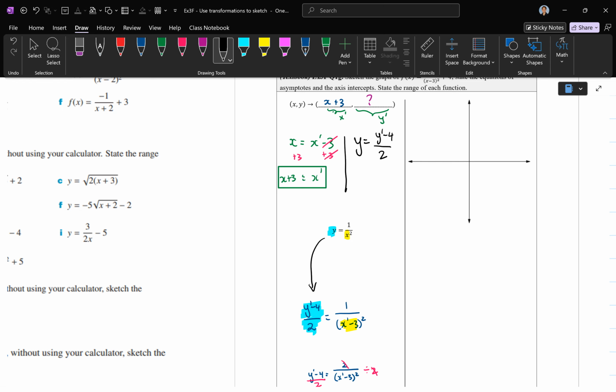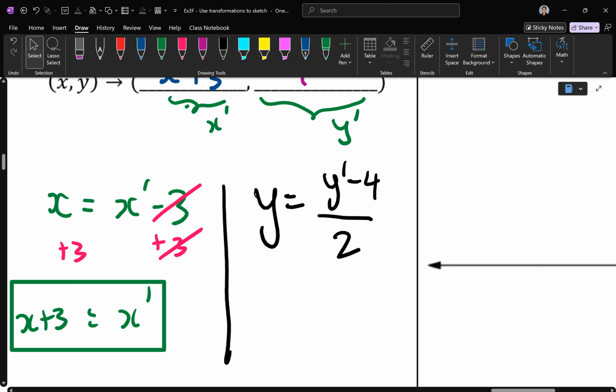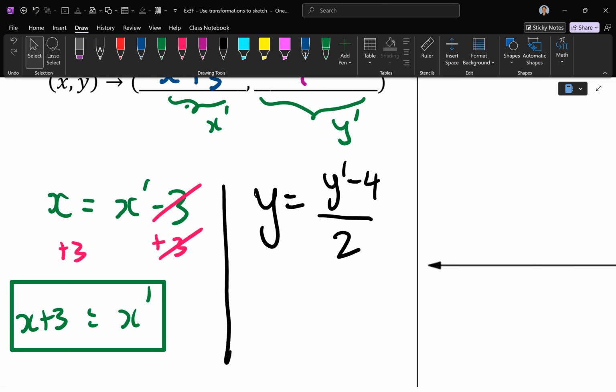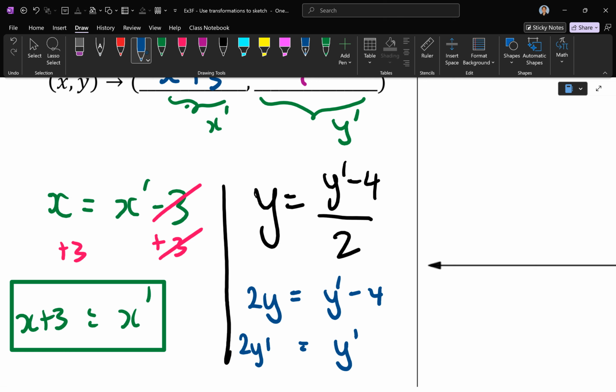Your goal was to find y dash. So I need to rearrange this equation to get y dash. So times 2 to both sides, add 4 on both sides, and you can see this is how I get the next line. This becomes 2y equals y dash minus 4. Y dash will then equal to 2y plus 4.